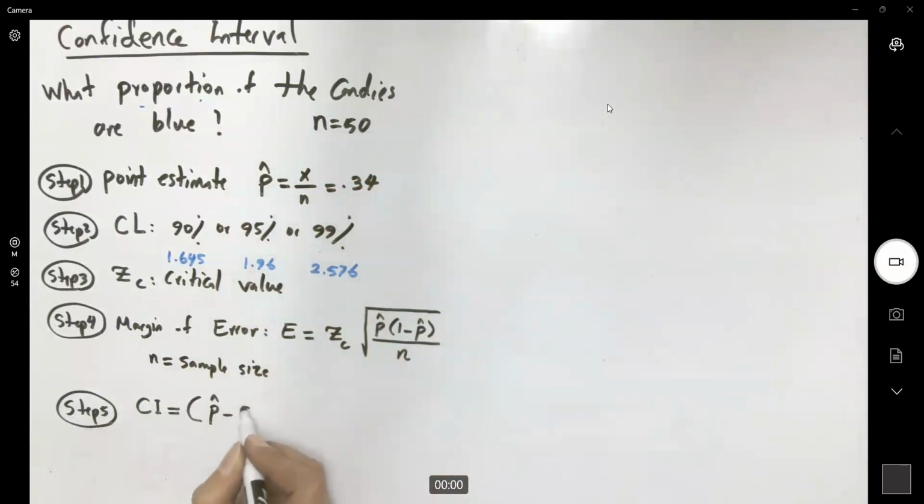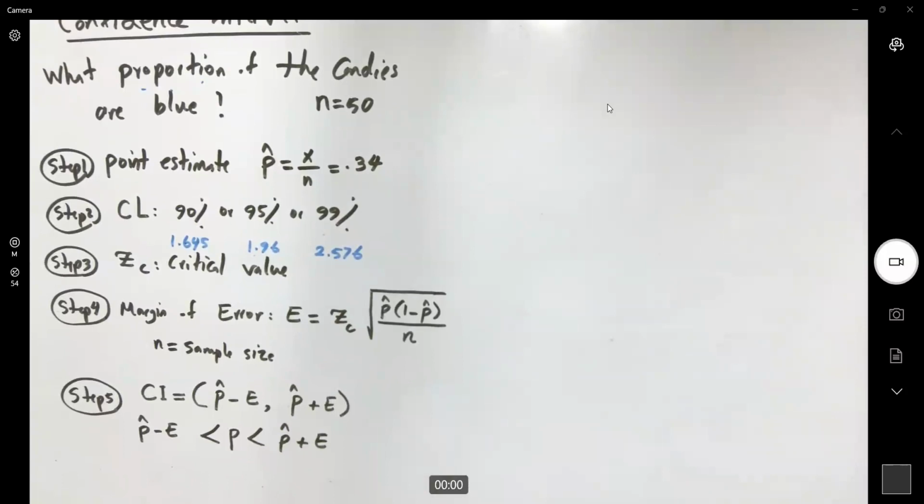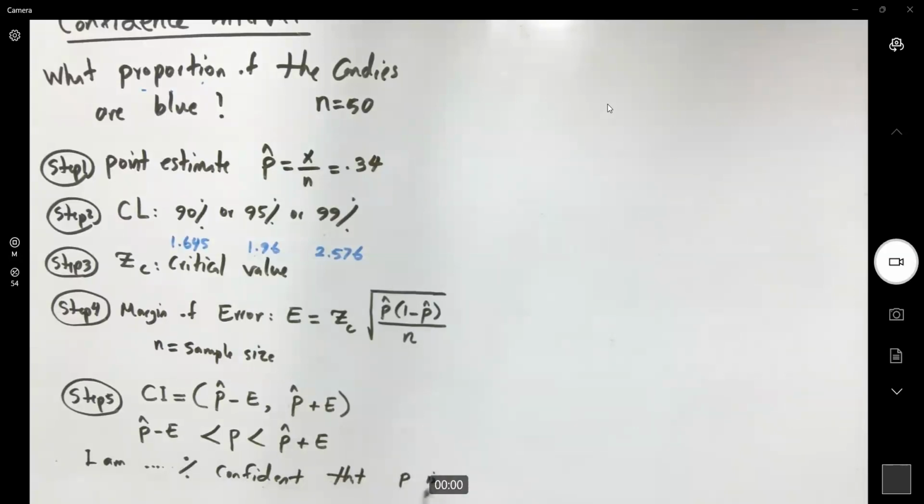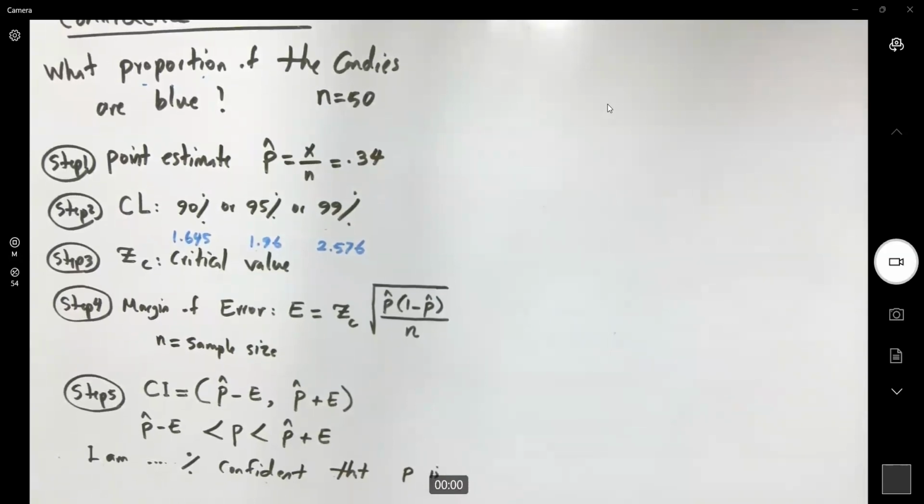The lower limit is P hat minus E. The upper limit is P hat plus E. You can say that the population proportion is bounded between P hat minus E and P hat plus E. In your conclusion, you should write, I am blank percent confident that P is within P hat minus E and P hat plus E.